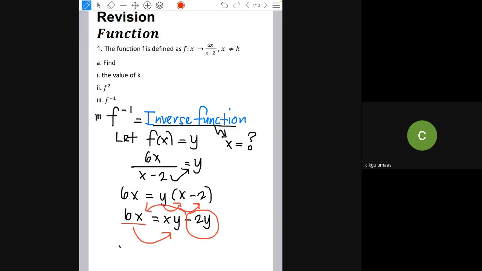So this is going to be 2y equals xy minus 6x. Any question? Factorization, I take the x out.